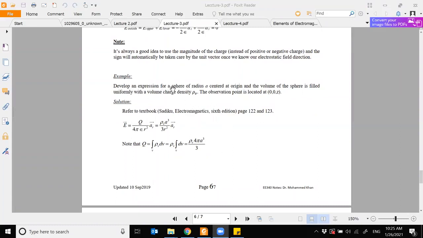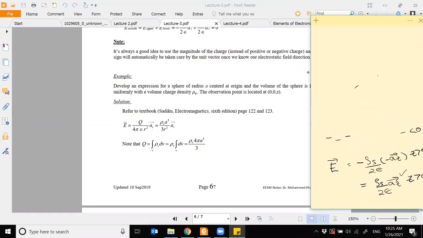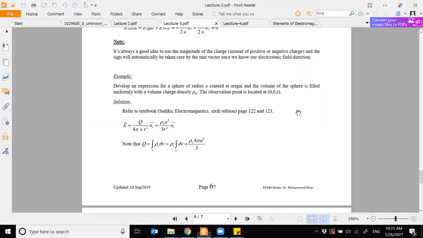It says to develop an expression for a sphere of radius A. So you have a sphere of radius A, centered at the origin, and it has a volume charge density rho v, uniformly distributed in the sphere, and my observation point is 0, 0, z.